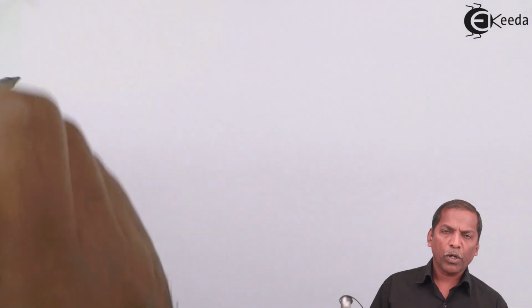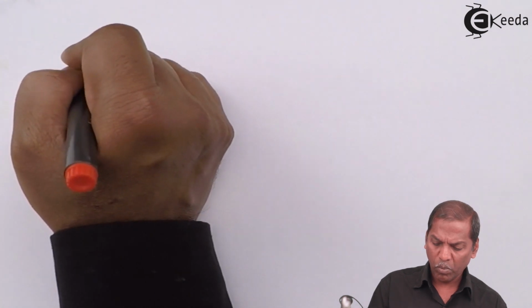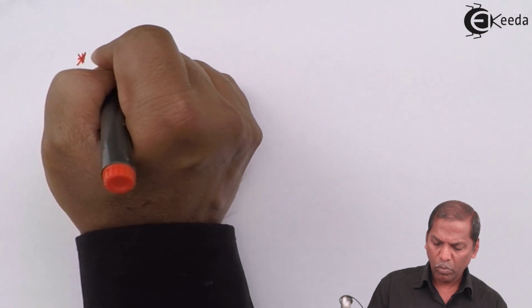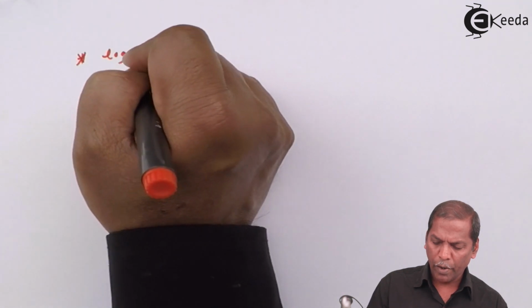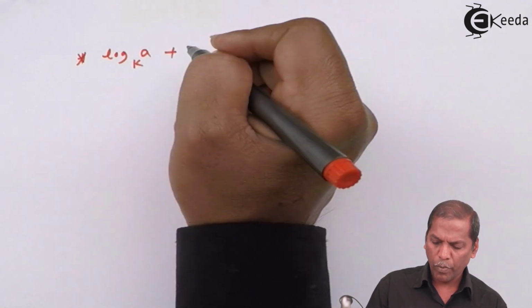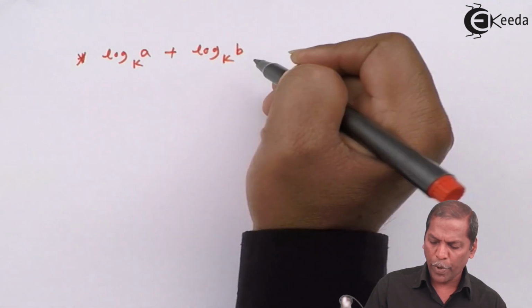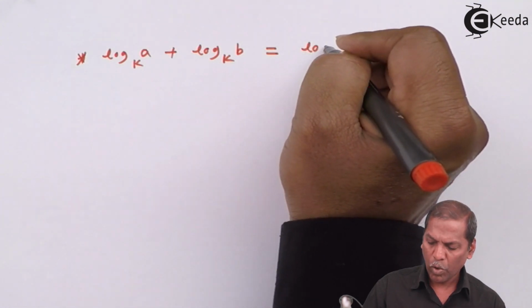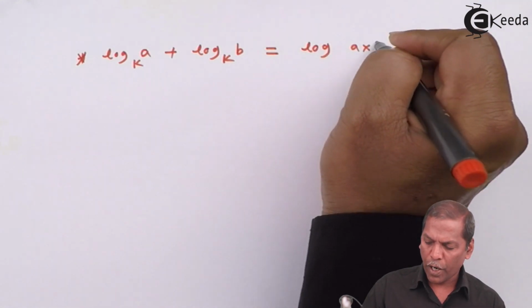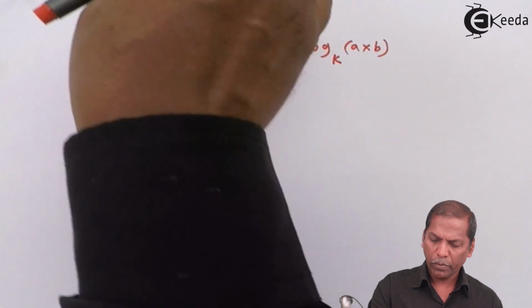Now here we use a rule connected to the log function, that log a to the base k plus log b to the base k is equal to log of a into b to the base k.